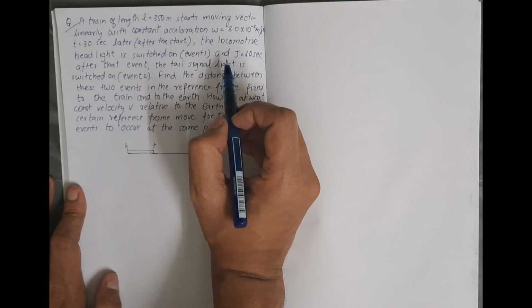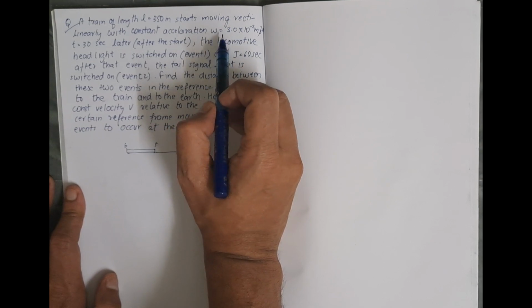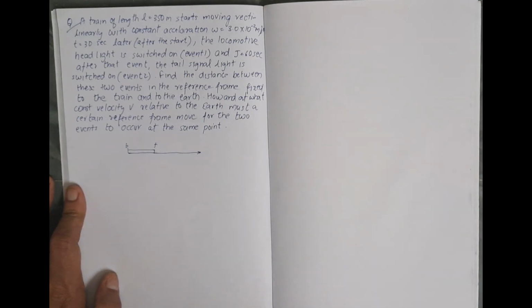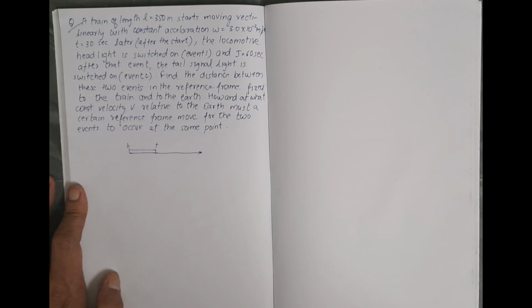We have been told that the train starts moving with a constant acceleration of 3 × 10^-2 meters per second squared, and event 1 happens 30 seconds after start. To calculate how much the front end of the train moves from the start until event 1, we use S equals ut plus half at squared. U is 0 because the train starts moving.